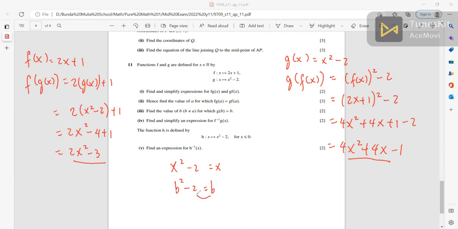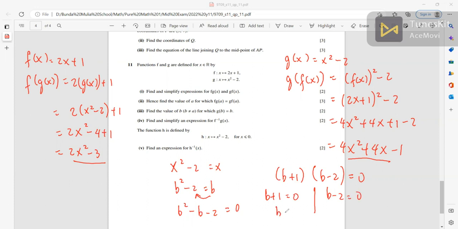So I move the b to there. So I get b squared minus b minus 2 equals 0. So I factorize this. I get (b plus 1)(b minus 2) equals 0. So I split it: b plus 1 equals 0, b minus 2 equals 0. So b equals minus 1, b equals 2.